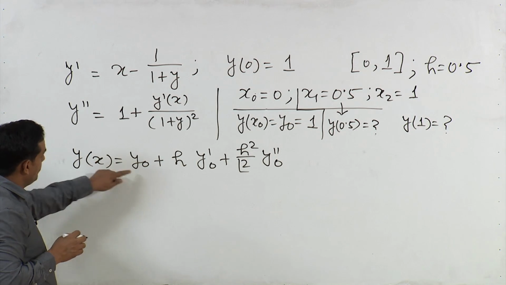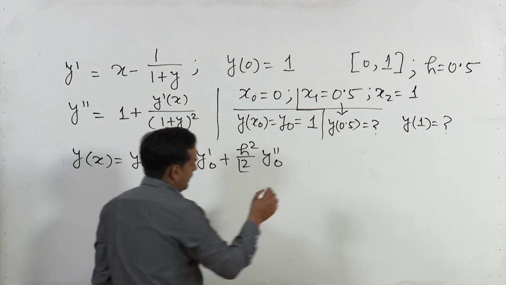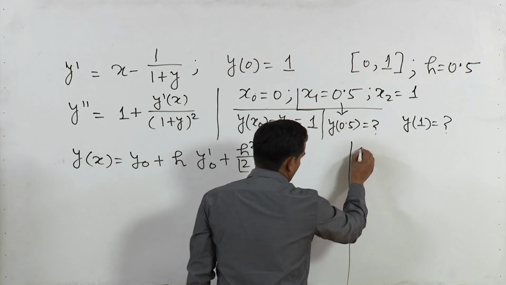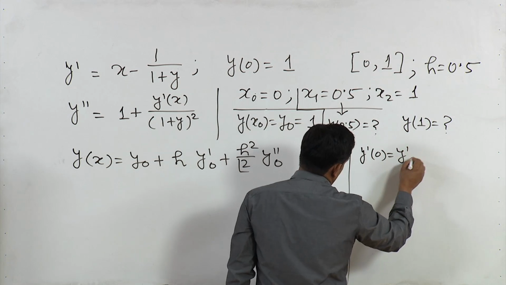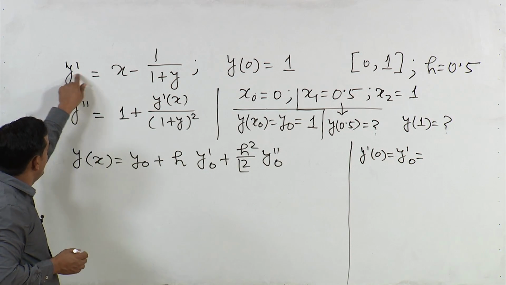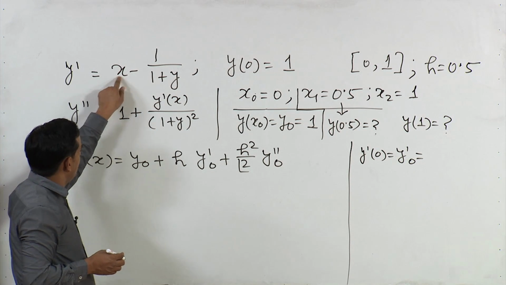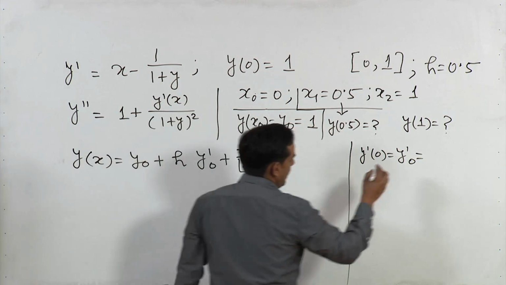Now, y0 is given as 1. If I want to calculate y prime 0, from here I will calculate y prime 0, x is 0, 0 minus 1 upon 1 plus 1. So, it is minus half.